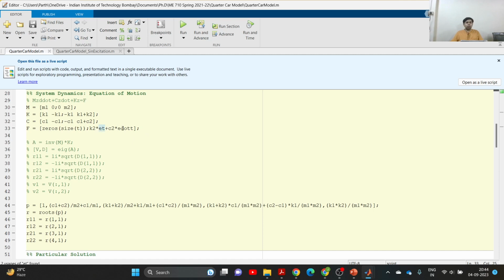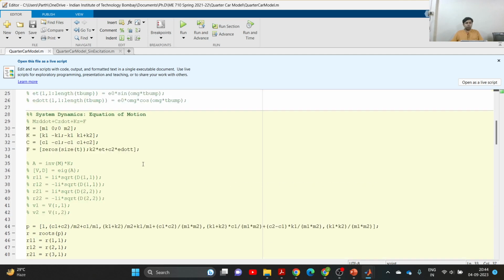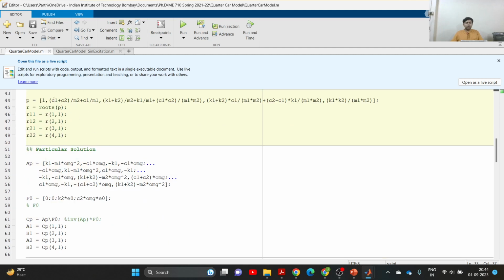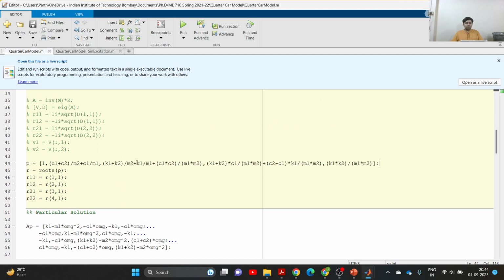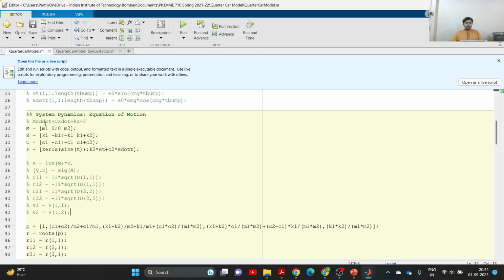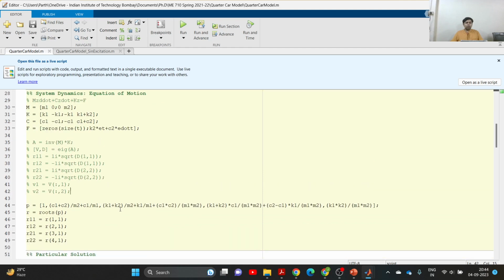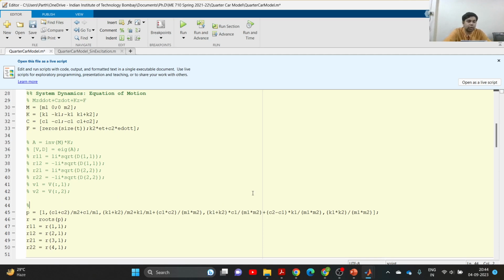Here we have assumed the excitation E of t as sinusoidal. In this part we are trying to solve the determinant of the matrix lambda square m plus c lambda plus k equal to 0.